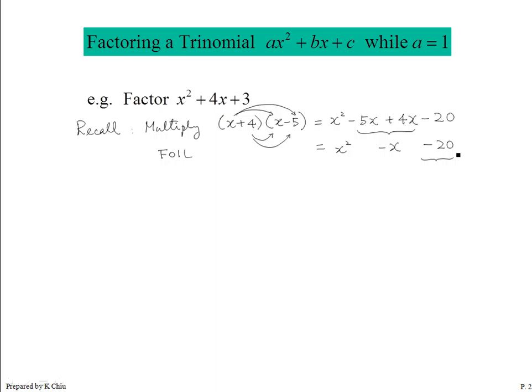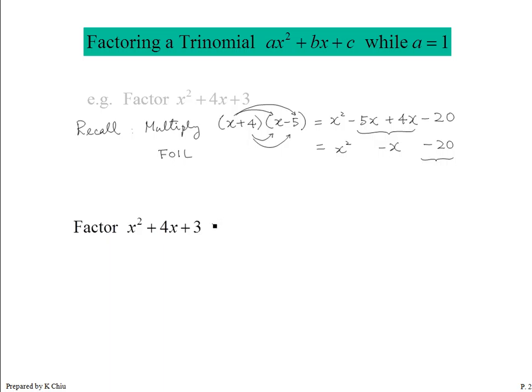How about the middle one, negative x? Where do I get that from? I got the combination from the previous two middle terms, negative 5x plus 4x.